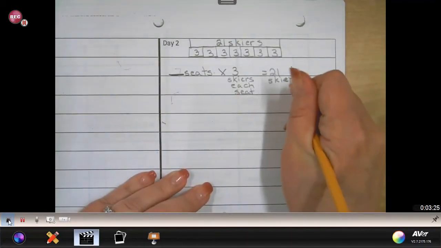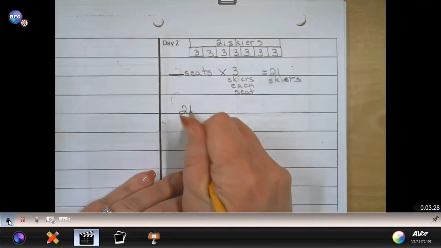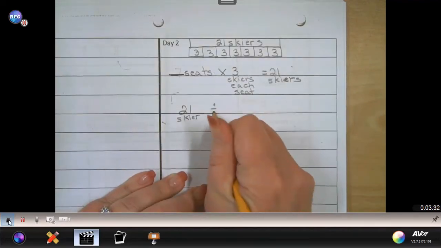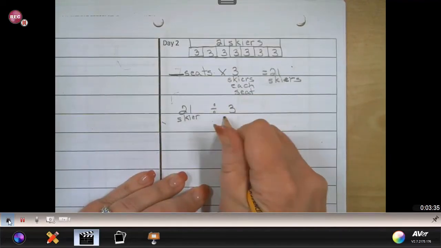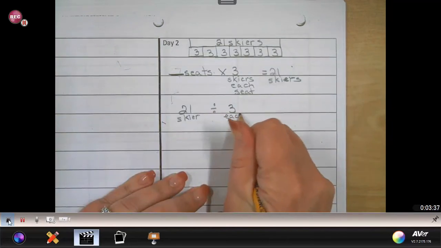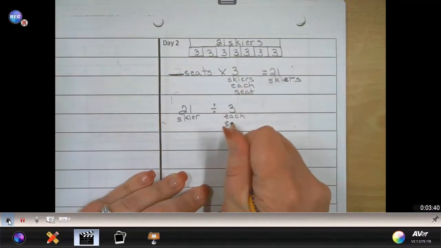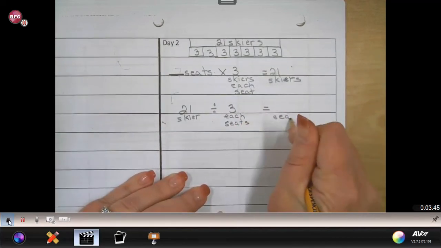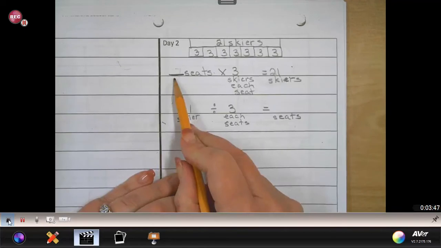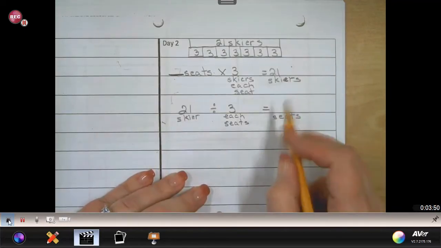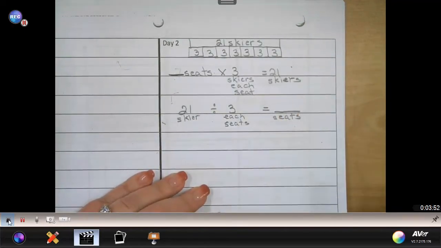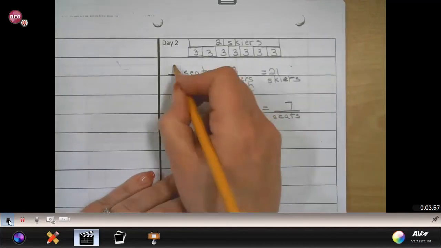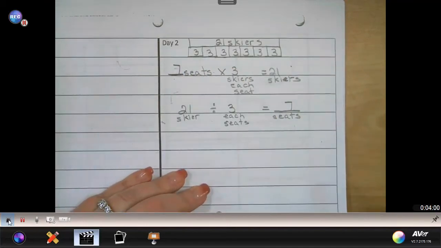So when I go to write my division equation, I have 21 total skiers. We're dividing them and sharing them equally, 3 skiers each seat, and we want to know how many seats there are. So we were able to use what we know about multiplication to help us find the number of seats needed for the 21 skiers. There are 7 seats needed for those 21 skiers.